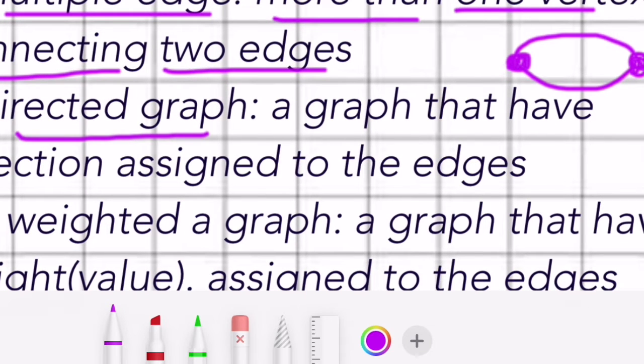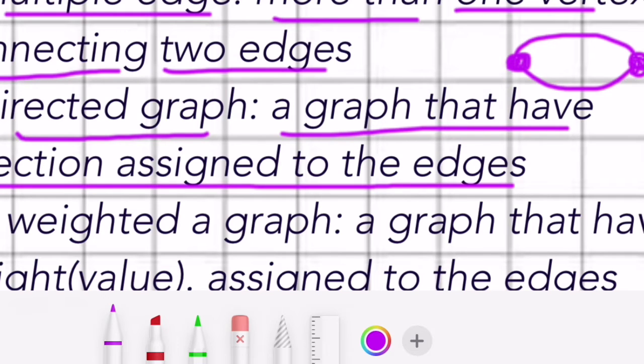Directed graph is a graph that have direction assigned to the edges. Example, from A to B. Let's draw again. So I'm going to draw from A to B. Okay, I can draw the arrow. So this becomes a directed graph.